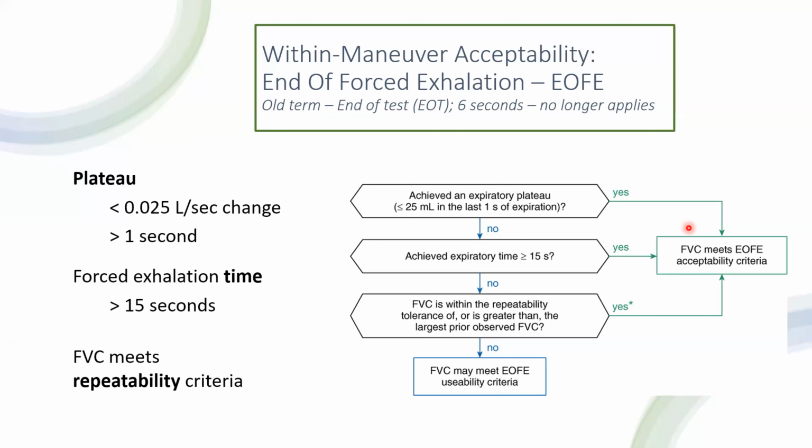Yes, I did. Okay, you're acceptable. No, we didn't quite make it to 15 seconds. Well, if the FVC is within repeatability tolerance, then it would also be acceptable. If it did not get a plateau, it did not get out to 15 seconds, and it's not repeatable, it might still be usable.